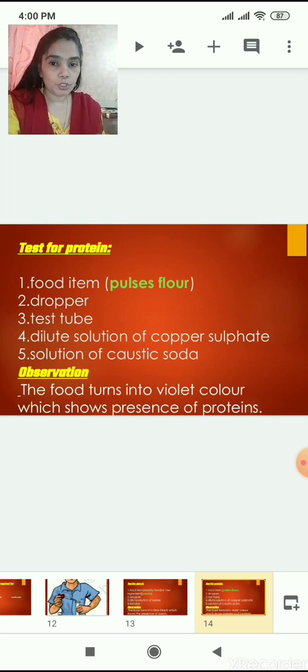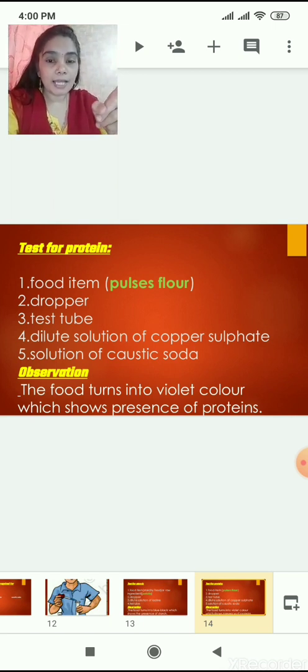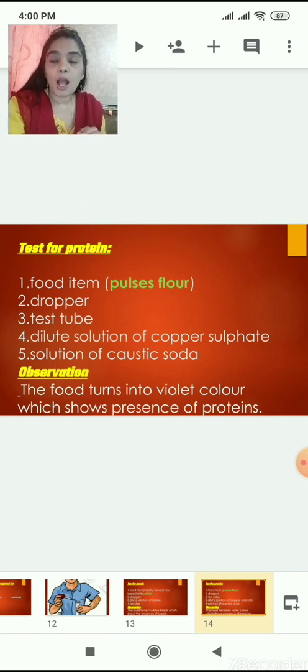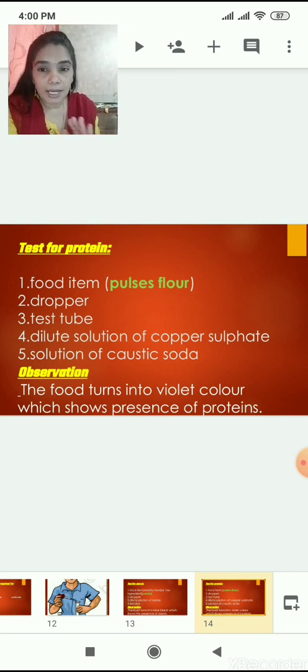Now remove those food items and hold the paper in your hand where the light is, and observe the light. Look at the light through those oil patches. Hold the paper against the light. Are you able to see the blurred light through this patch?